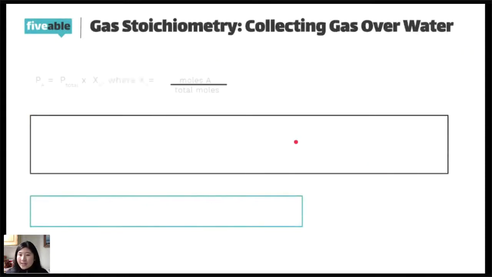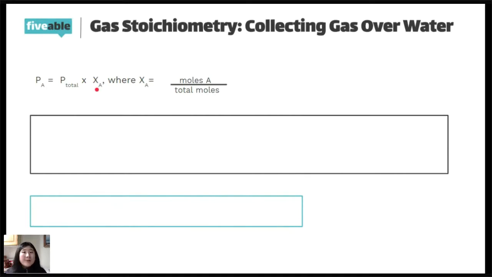All right, so we're going to be going over gas stoichiometry when we are collecting gases over water. So the pressure of gas A, I'm going to call it gas A, that we're collecting over water, is equal to the pressure of the total container multiplied by the molar fraction, I believe it's called.